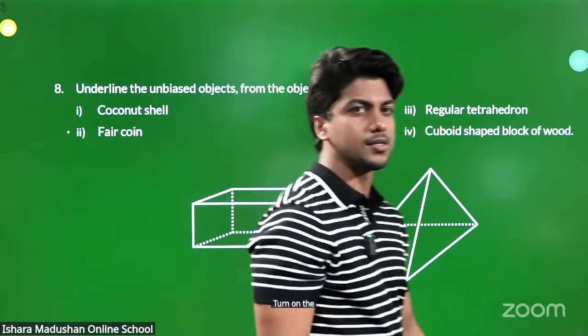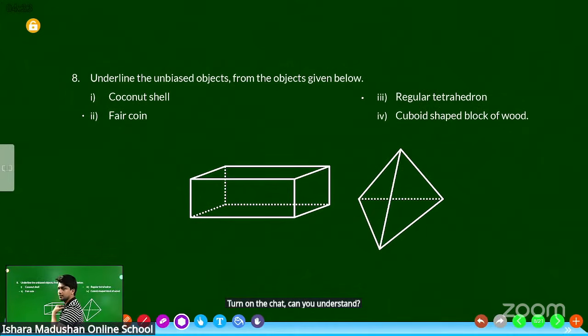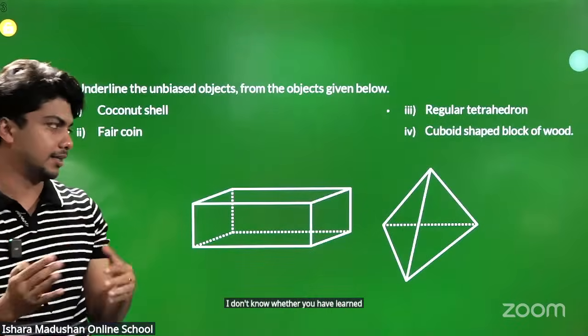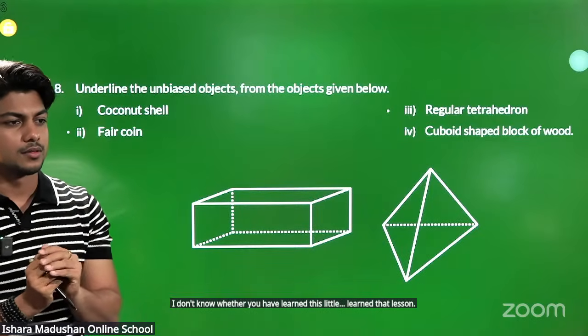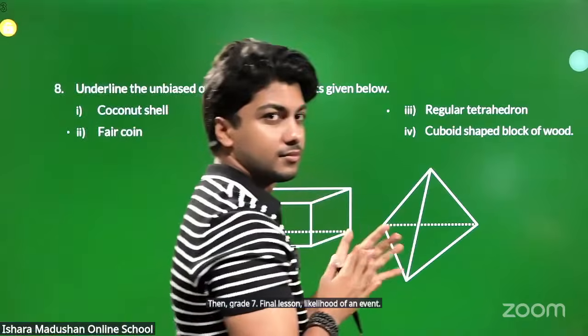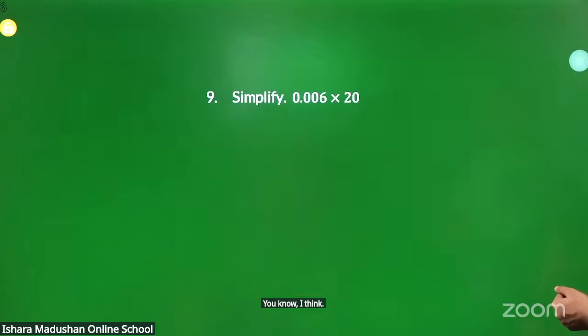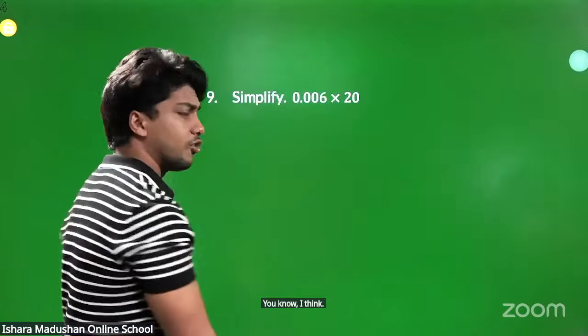Turn on the chat. Can you understand? Is that understood? Nice. All right. Come on, Mojini. I don't know whether you have learned that lesson. Then grade 7. Final lesson. Likelihood of an event. Right, again, Vajini, turn on the mic for Vajini.